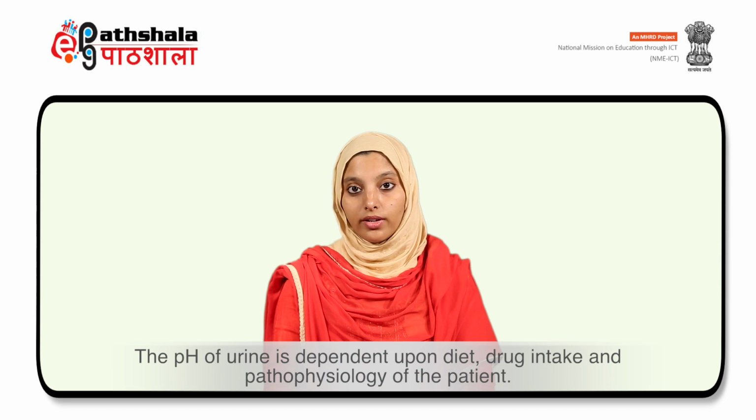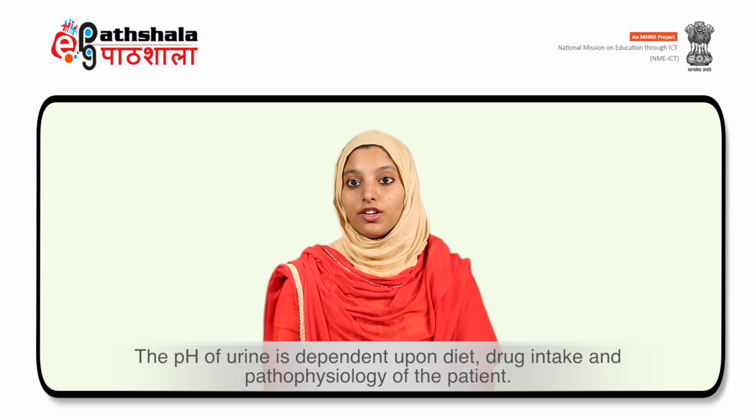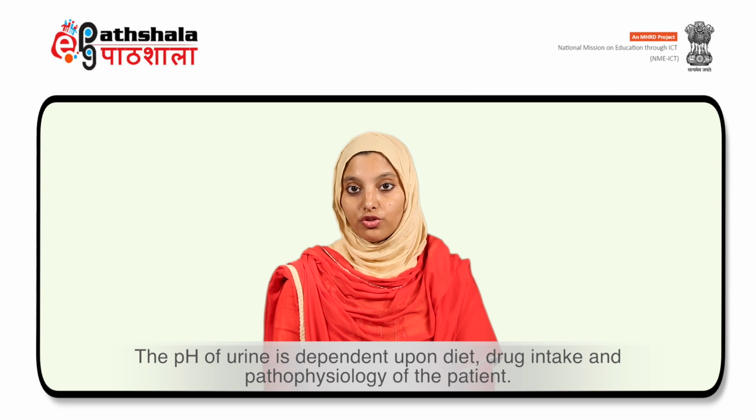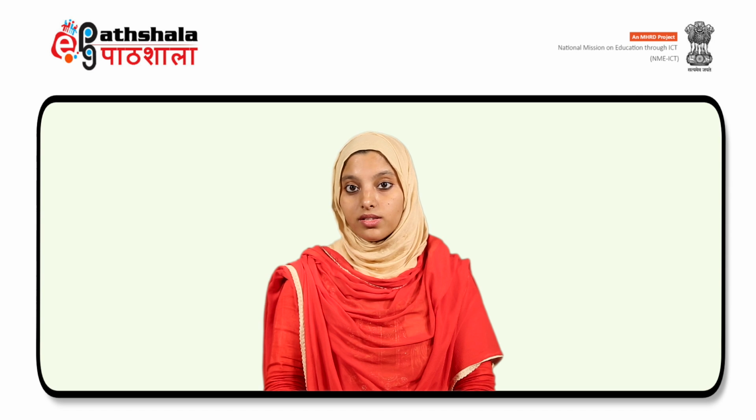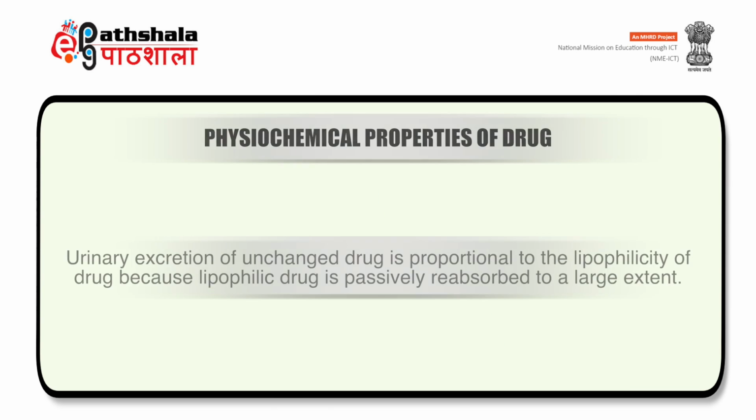The pH of urine is dependent upon diet, drug intake, and pathophysiology of the patient. Food rich in carbohydrate increases the pH of urine, whereas protein lowers it. Urinary excretion of unchanged drug is proportional to the lipophilicity of the drug because a lipophilic drug is passively reabsorbed to a large extent.